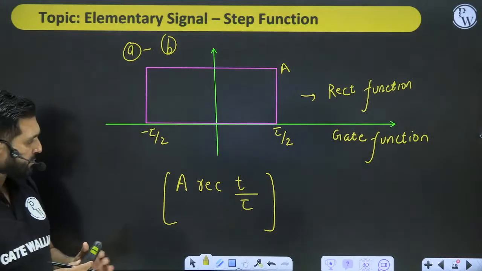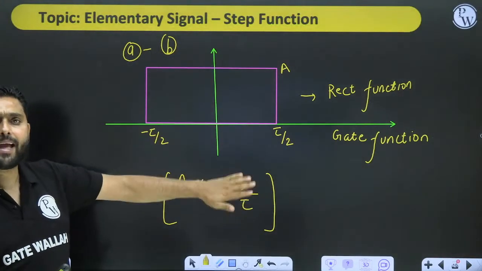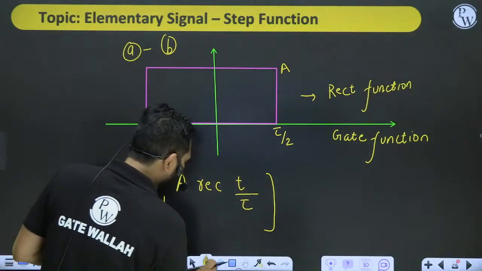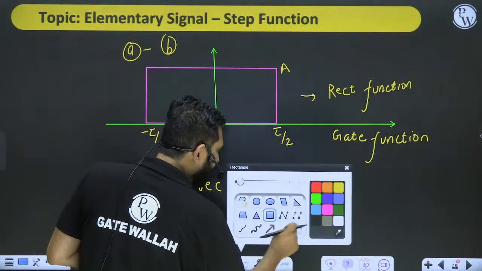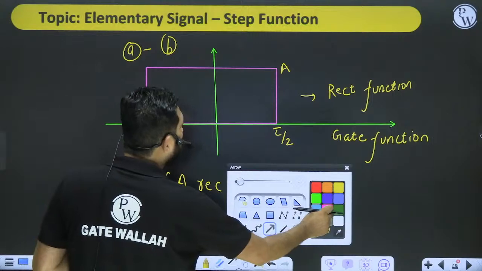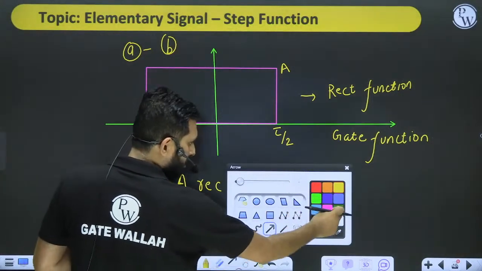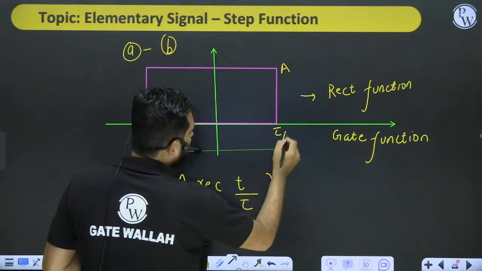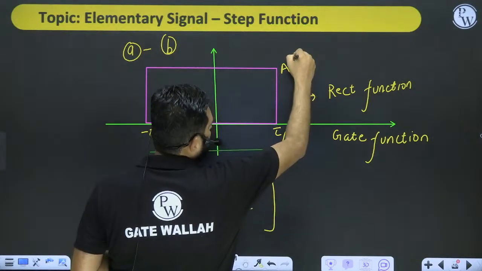So this is a function denoted by a rect t by tau. And what is the total height and width here? This is the width, and that is the height.